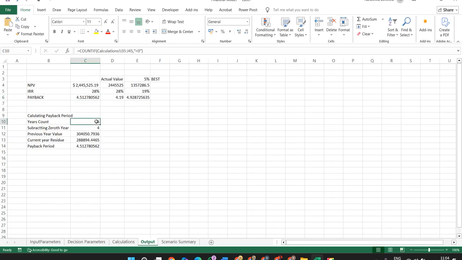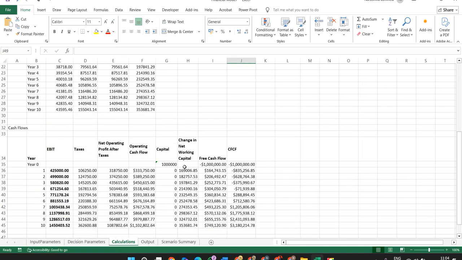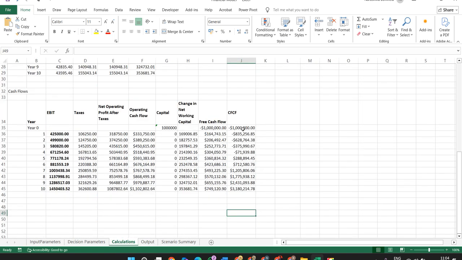First, I'm counting the negative values, since the values change from negative to positive. There are five negative values. If we remove one, because it starts with zero and this is the fourth year, I want the fourth year, but when we count I will get five.